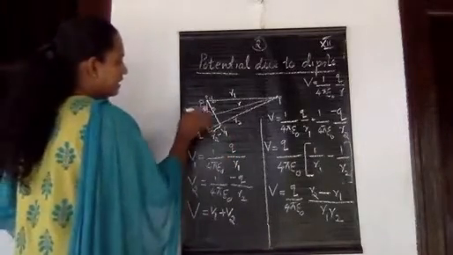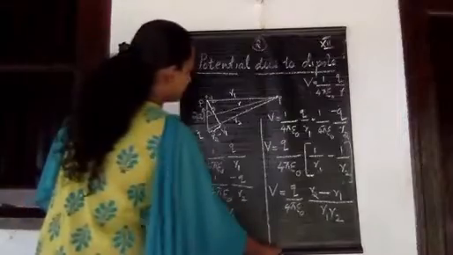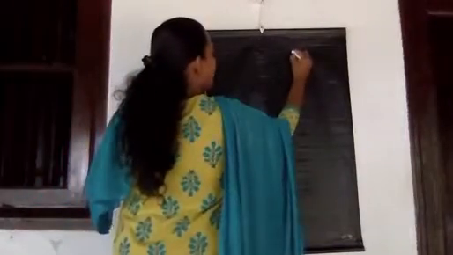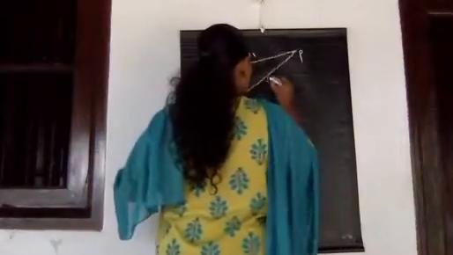In this figure, let me draw that figure once more. Here is plus q charge, and here is minus q charge. This is the distance 2A, and this is our arbitrary point P, this distance is R1, and this distance is R2.